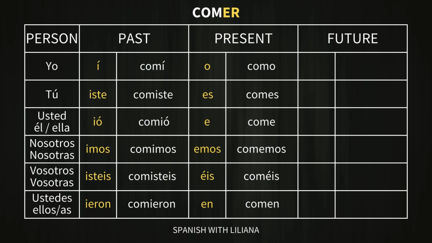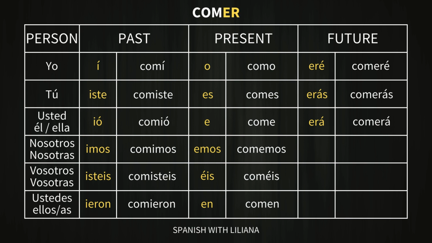For ustedes, ellos, ellas, we'll replace ER with en, and the full verb becomes comen. And in future, for yo, we'll replace ER with eré. Comeré. For tú, we'll use erás. Comerás. For usted, él, ella, we'll use erá.